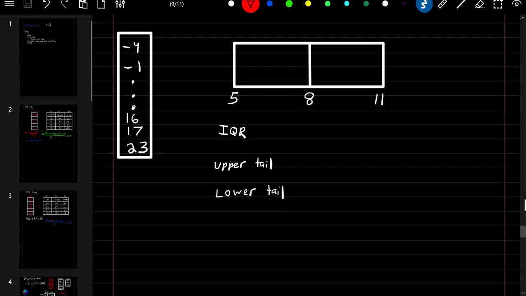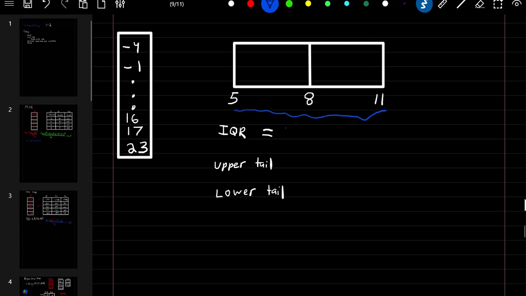So if we were to solve for our own box plot and we're trying to solve for the whiskers and we're given the 25th percentile, the median, and the 75th percentile, our first objective would be to find the IQR. So the IQR is just the 75th percentile minus the 25th percentile, which is going to be 11 minus 5, and we get a value of 6.